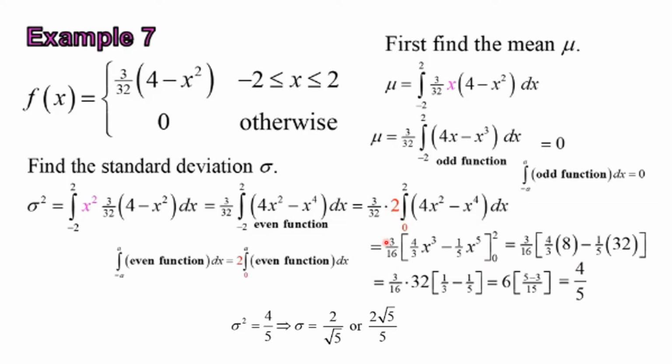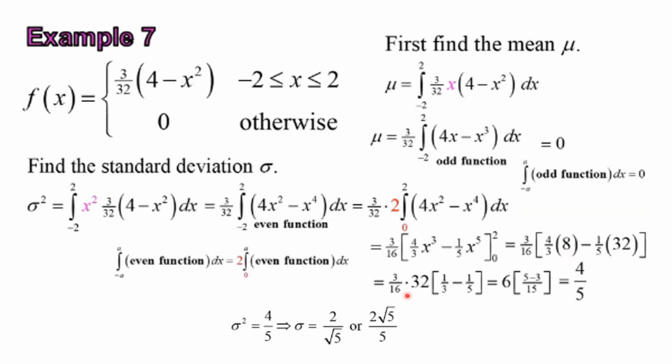Now 2 times 3 over 32 is 3 over 16. I add 1 to the exponent in each case and divide by the new exponent, and I get this. When I plug in the bottom number, I get 0, but when I plug in the top number, I get this. Continuing the calculation, I can factor out 32. See, 4 times 8 is 32, and this is 1 over 5 times 32.